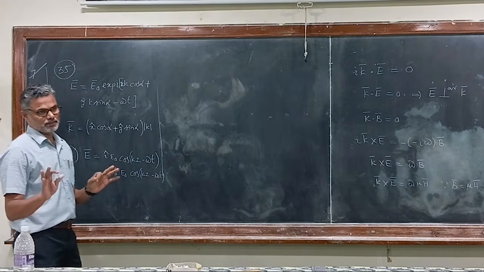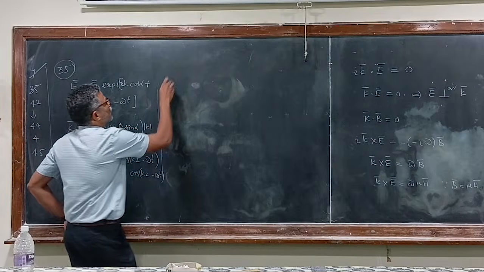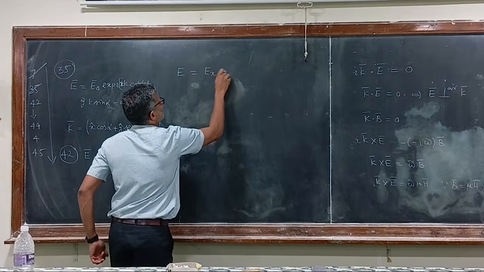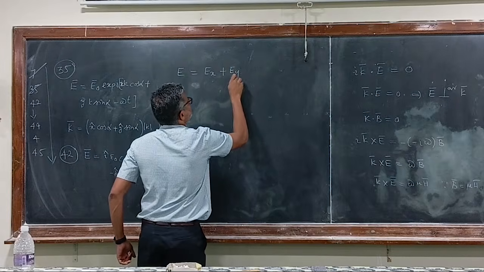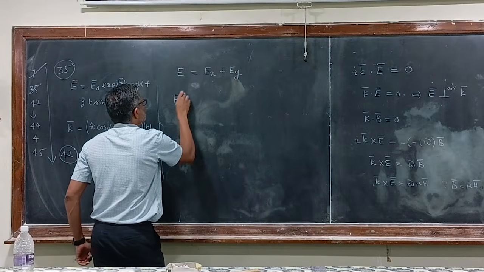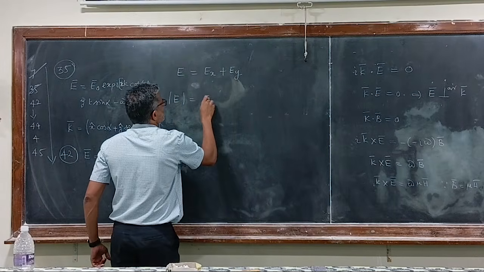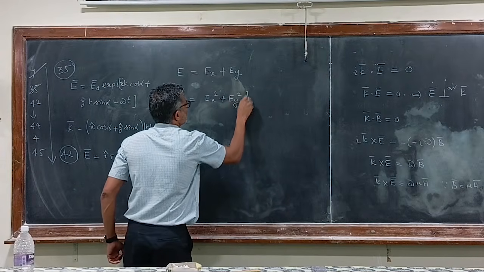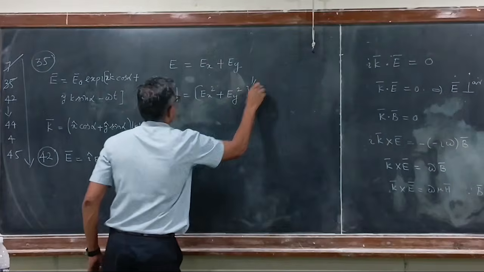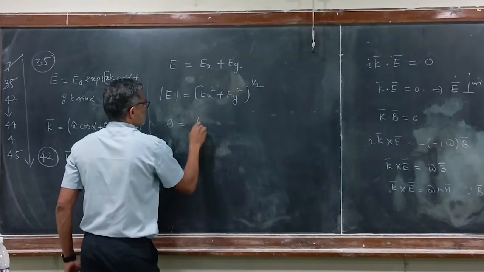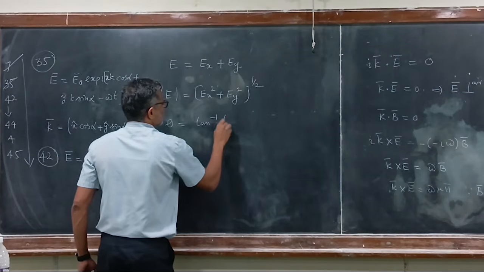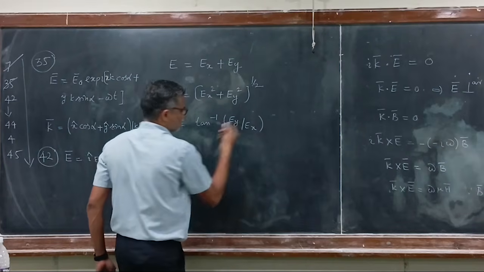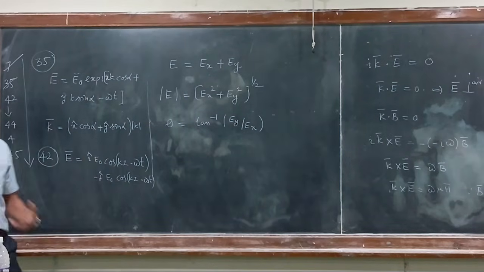These are the only three options we give. Now for polarization, you have E, which has two components, Ex and Ey. You need to look into the amplitude of E, which is (Ex square plus Ey square) whole power 1 by 2, and theta is tan inverse of Ey divided by Ex, the components ratio.